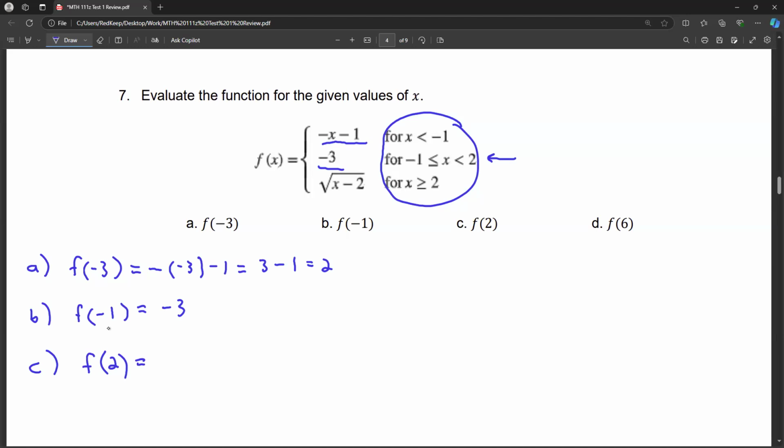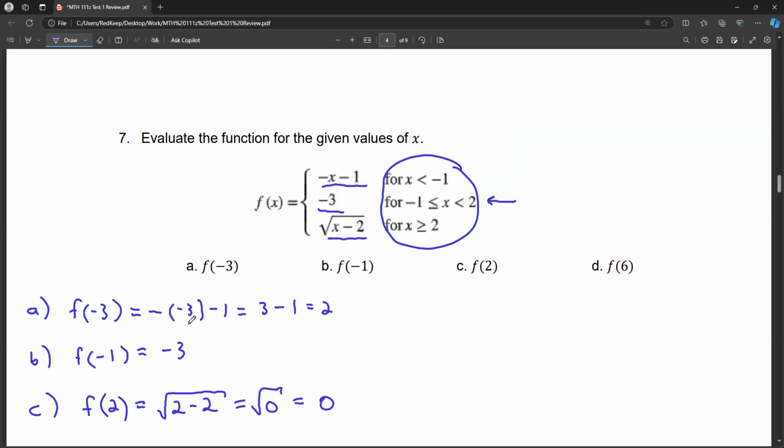And so we're going to use this square root function described. So we have the square root, and we'll plug in that 2 where the x is. And so we'll have the square root of 2 minus 2, which is the square root of 0, and that is equal to 0.